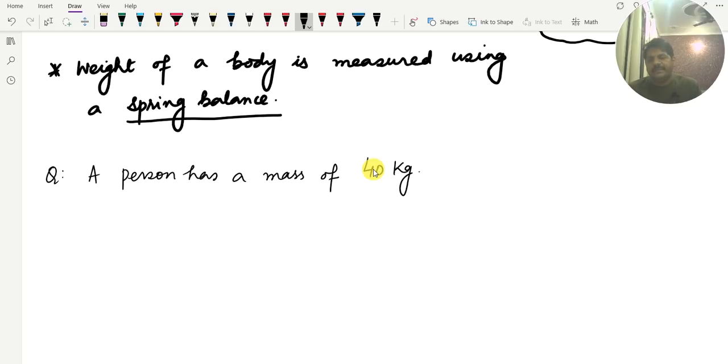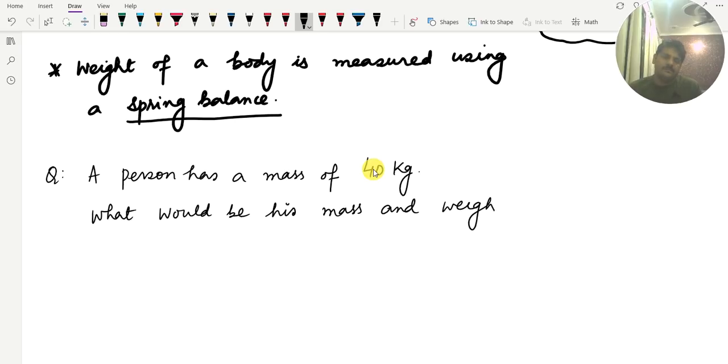What would be his weight? What would be his mass and weight on the surface of moon?